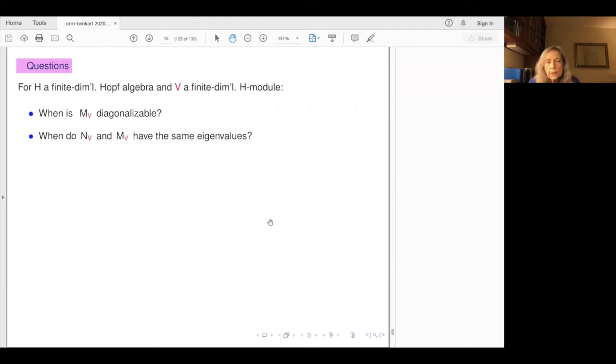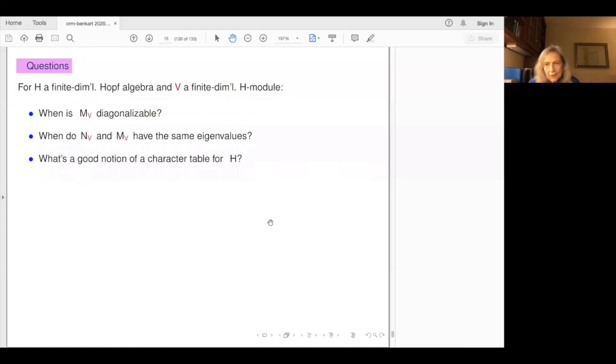And when do n of v and m of v have the same eigenvalues? It was sort of surprising to us that they did have the same eigenvalues because they're defined so differently.